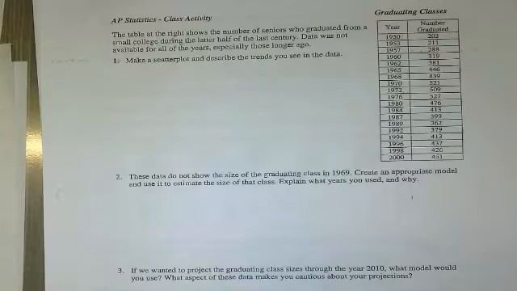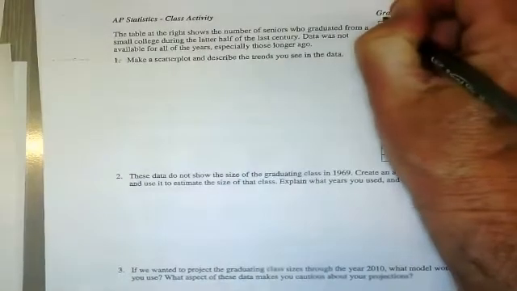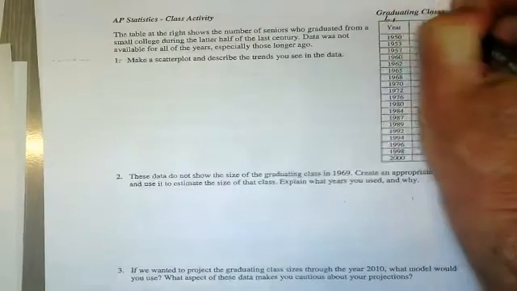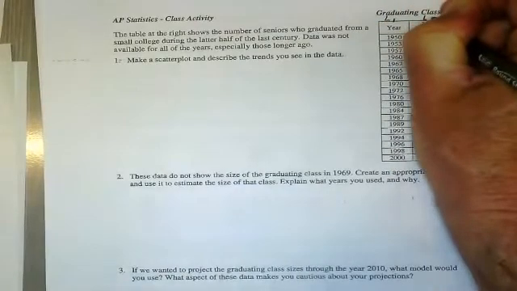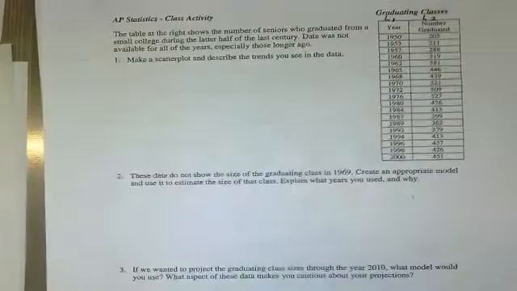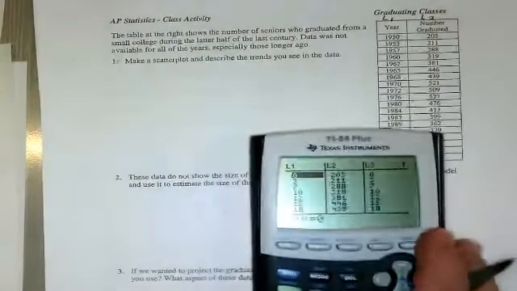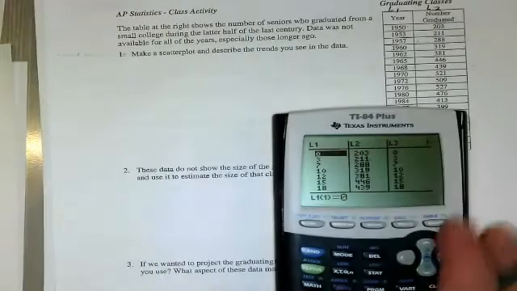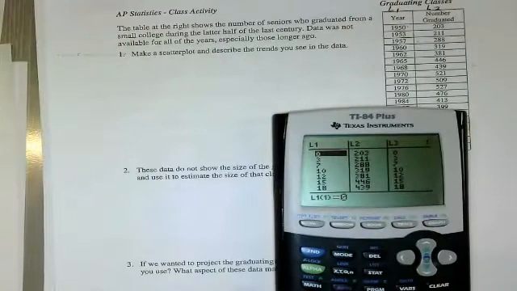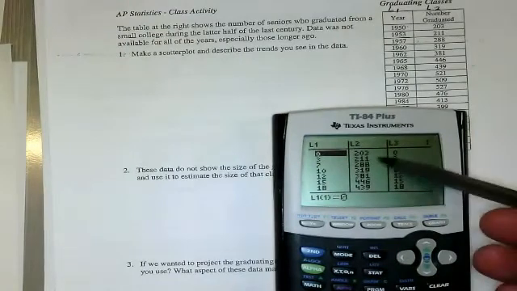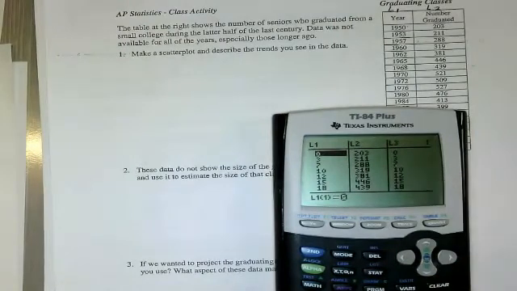Okay, the first thing I'm going to do is put these. This is my L1. It's my independent variable. This is L2. And what I've done is I've gone in here in L1, and if you'll notice, my number starts with 0. There's the 203, 211, 288. Those 19 numbers are there.